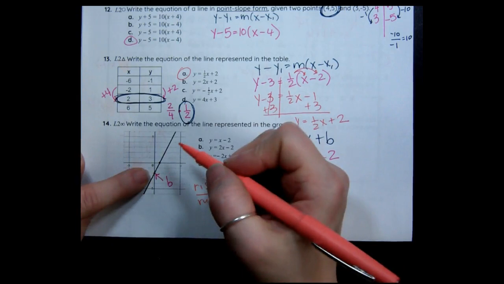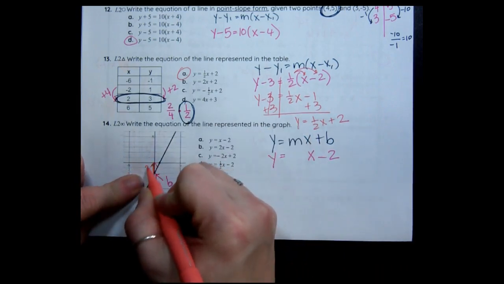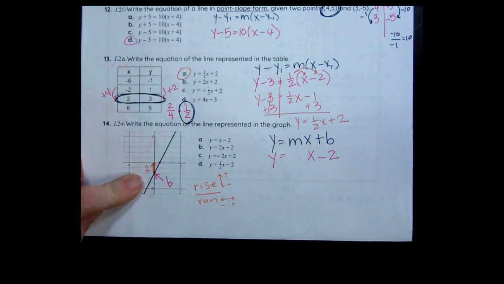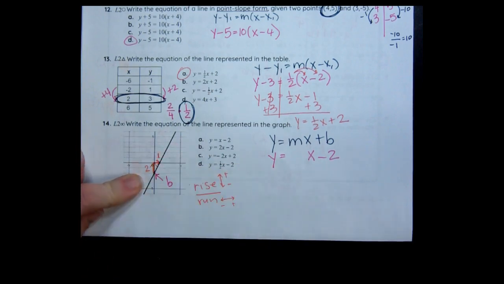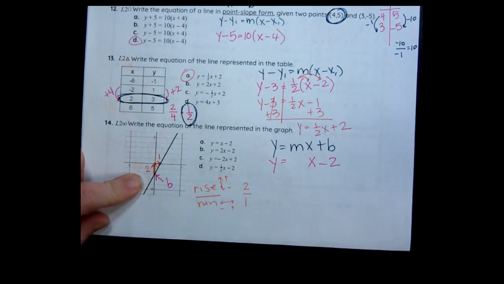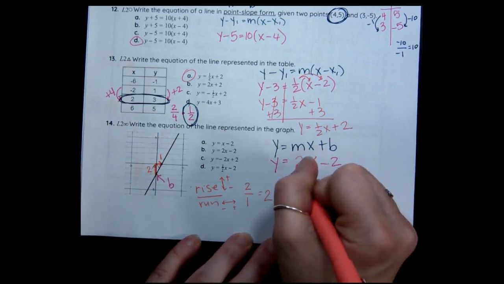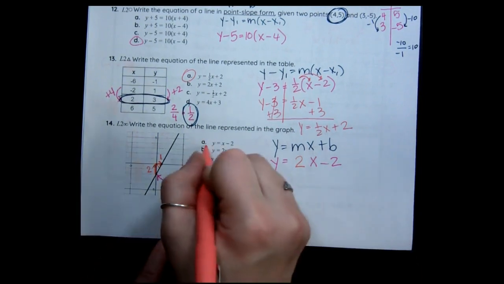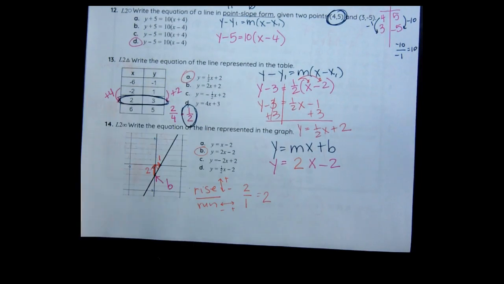In this case, it's not going to be a problem because we're going to go up 2 units, and we're going to go over 1 unit. So my rise, I went up 2 over 1. And 2 over 1 is 2. All right. Find your intercept, find your slope, and I would use slope-intercept form every time if I was using a graph.